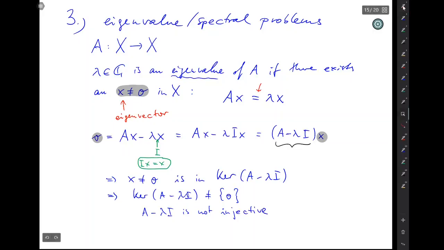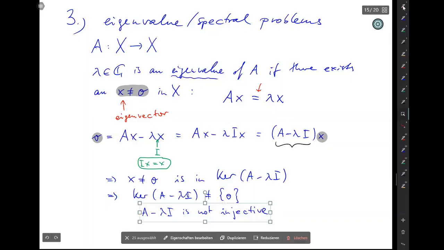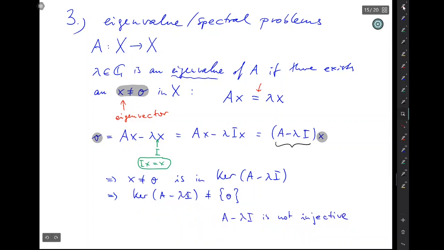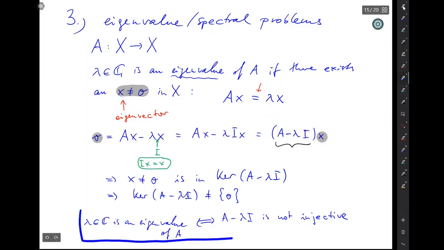Okay, so we could take this as a characterization of eigenvalues. Let me just move this around a little bit. So we could say that a complex number lambda is an eigenvalue of A if and only if A minus lambda I is not injective.